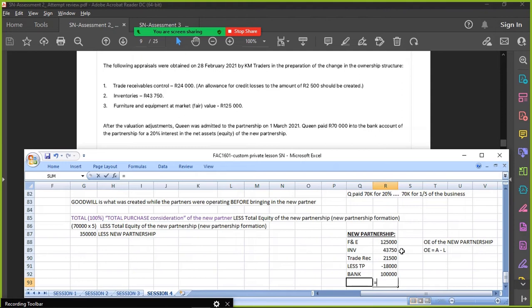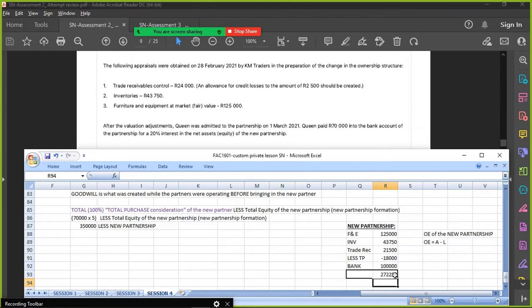So that means total equity of the new partnership. There it is. So that amount is the new partnership equity. Does that make sense? Yeah, following. Okay. All right.